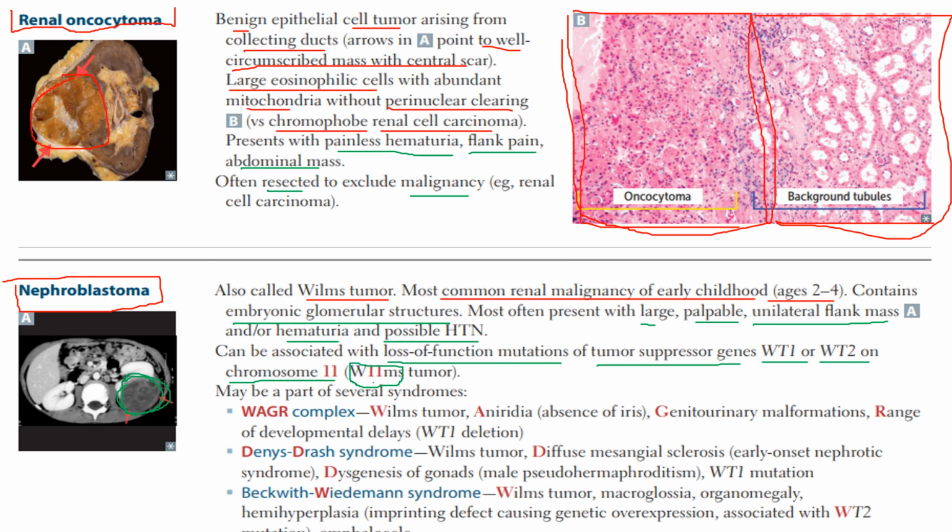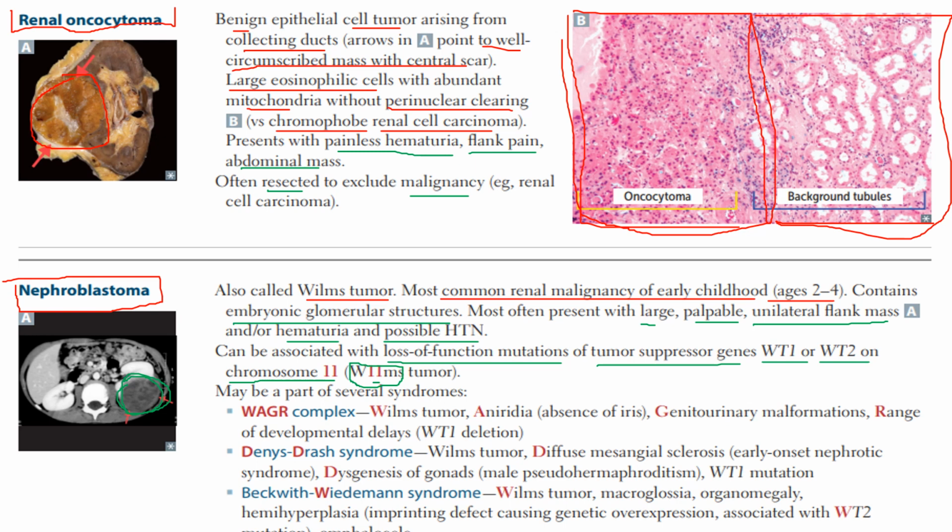So the double L, you can remember it like an 11. So what is nephroblastoma? Nephroblastoma is just a mutation in the tumor suppressor genes WT1 and WT2, which are present on chromosome number 11.